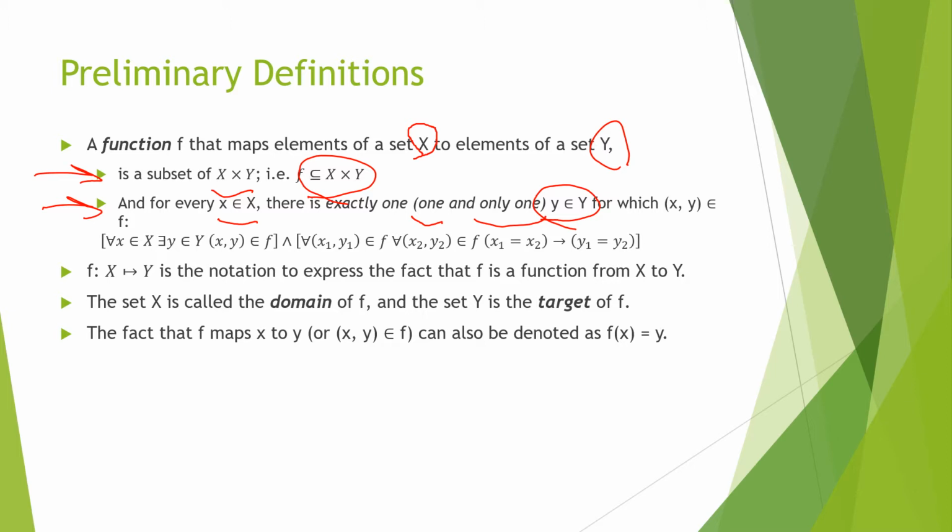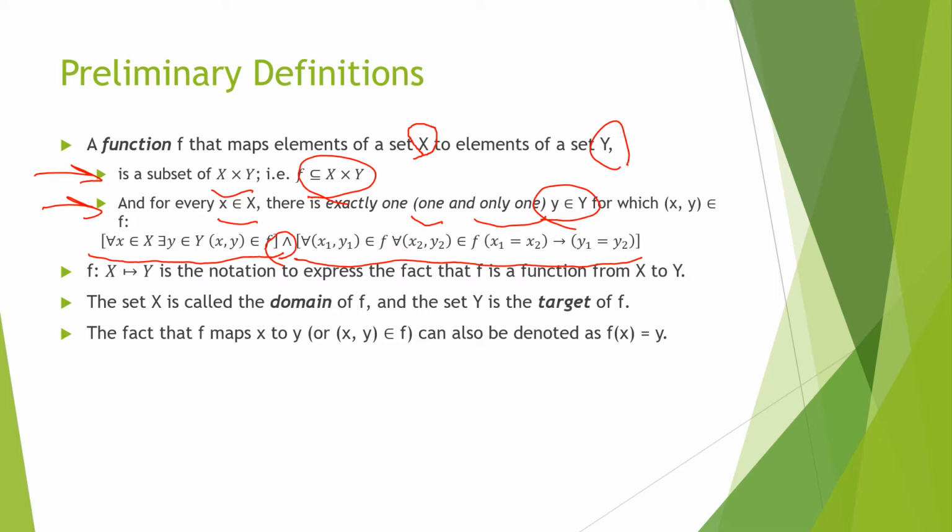What does it mean? Let me represent it using formal quantifier statements. The second condition has two parts. This is the first part in closed brackets, and this is the second part in the second closed brackets, and as you see, there's a conjunction between them. So what does the first part say?